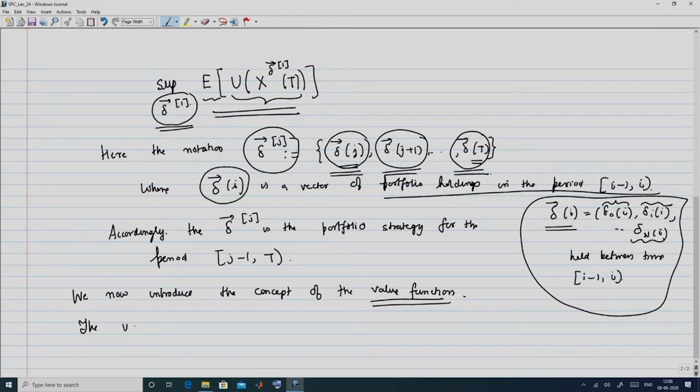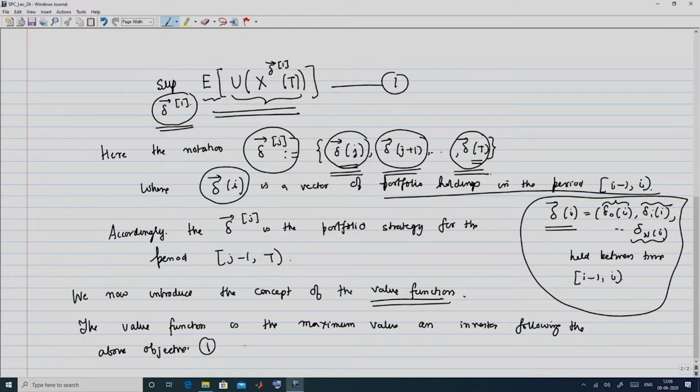In a qualitative way of looking at it, the value function is the maximum value an investor following the above objective, say 1, can attain with the wealth level at time small t being small x.